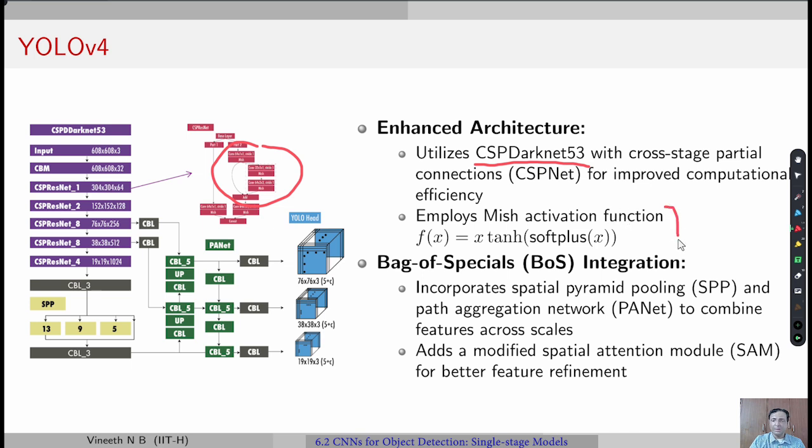And the mish activation function was considered to be better performing on the YOLO v4 model. Beyond this, they also had spatial pyramid pooling and something called a path aggregation network to combine features across scales. They also introduced a spatial attention module to refine the features better in this particular case.